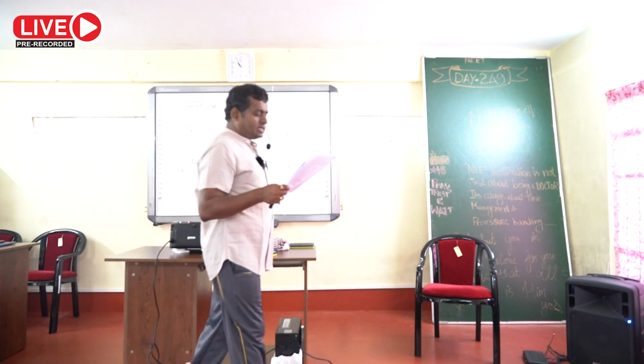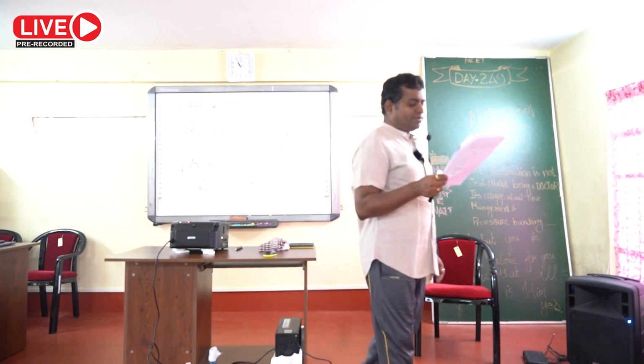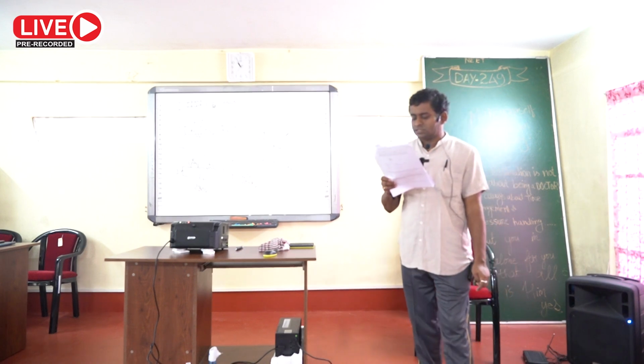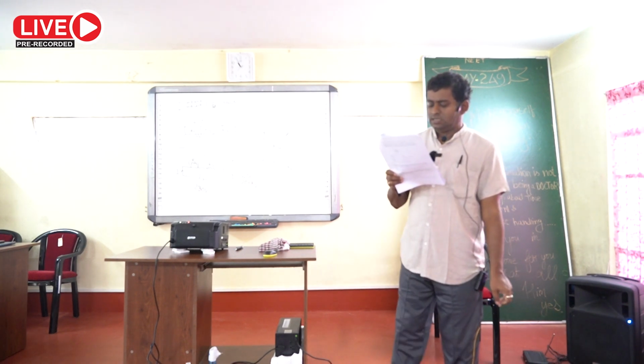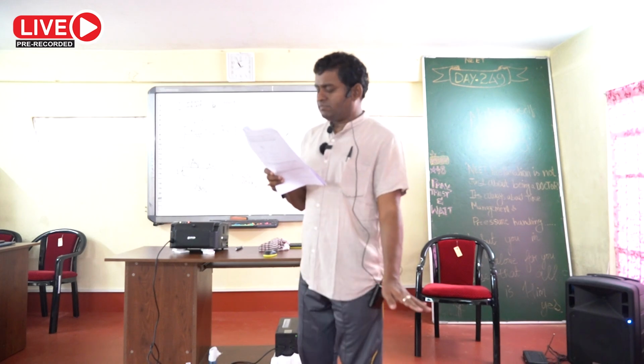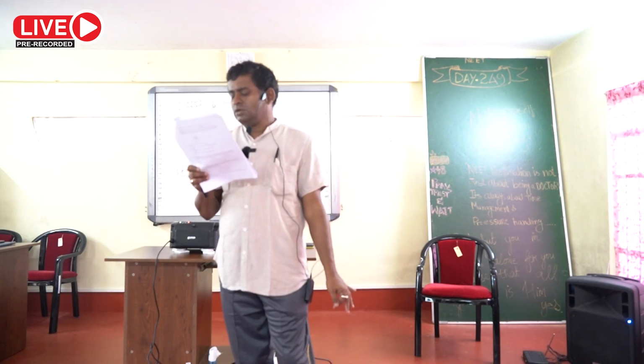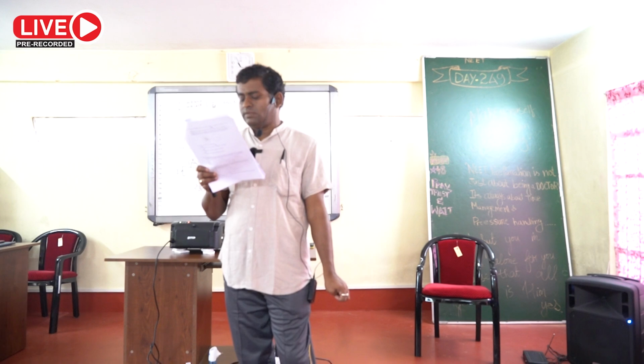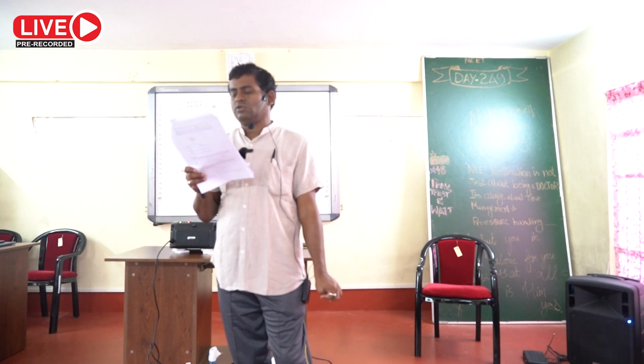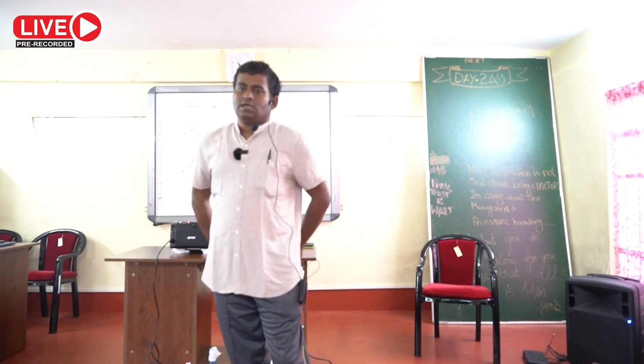Next, question number 29. An electron is moving in a circular path under the influence of a transverse magnetic field. Magnitude of the field is given. If the value of e by m is 1.76 into 10 to the power 11 coulomb per kg, find the frequency of revolution of the electron. How to solve?